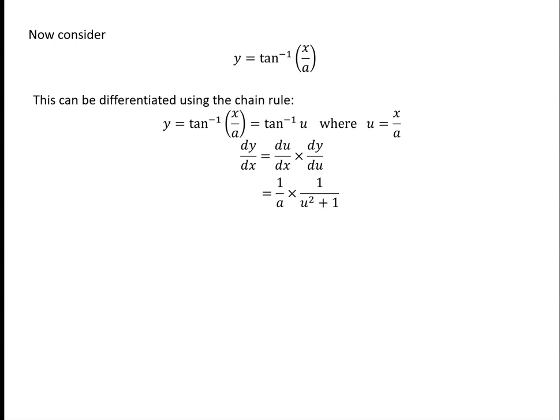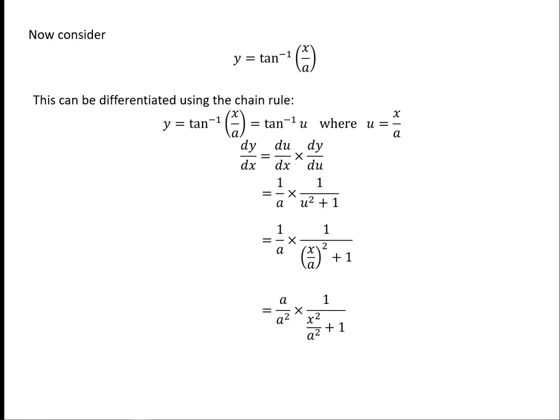So remembering that u is x over a, I can say that this is 1 over a times 1 over (x over a) all squared plus 1, which is the same thing.